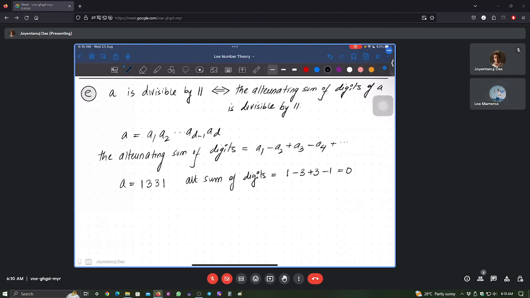So this is the definition of alternating sum. I think the definition is fine, right? Now we have to prove the divisibility by 11. So how to do it?